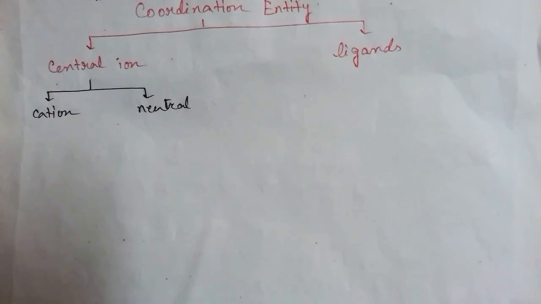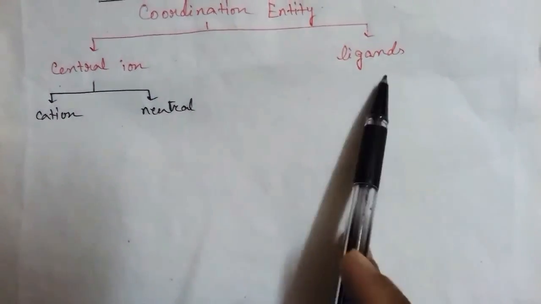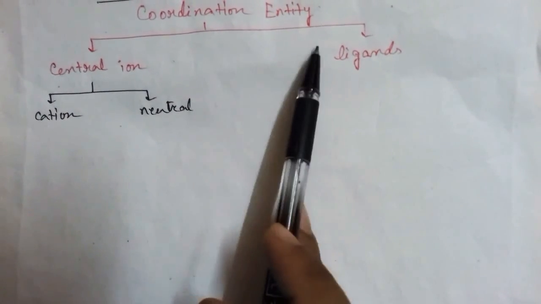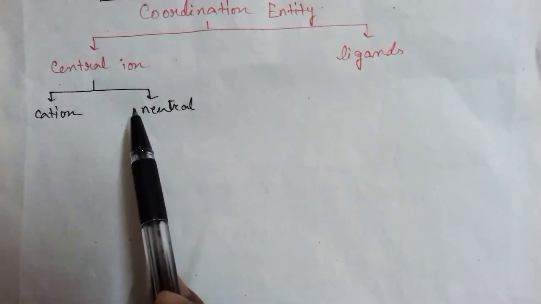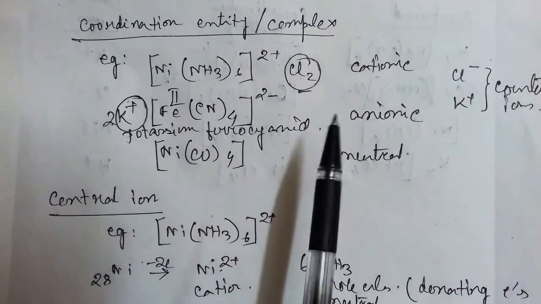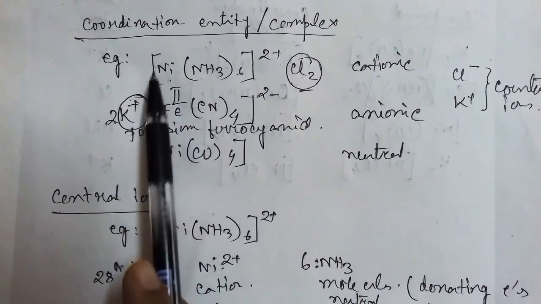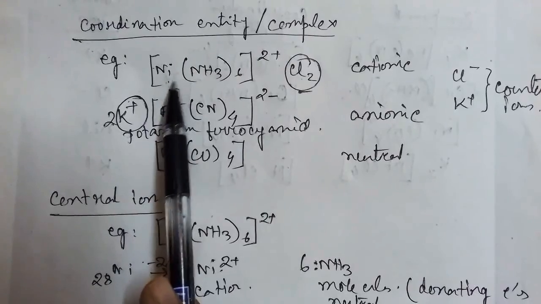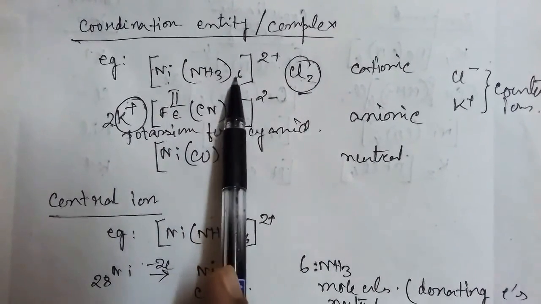So today we can conclude that central ion and ligands form a coordination entity. Central ion can be of two types, cation and anion. Coordination entity can be of three types, cationic, anionic and neutral. And the central metal ion is here with the donor atoms or ligands, we can say.